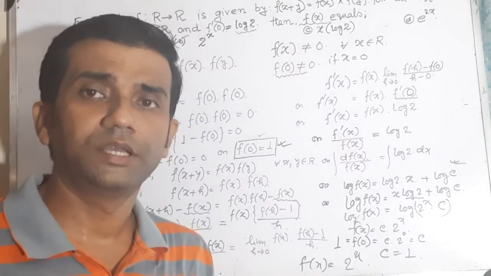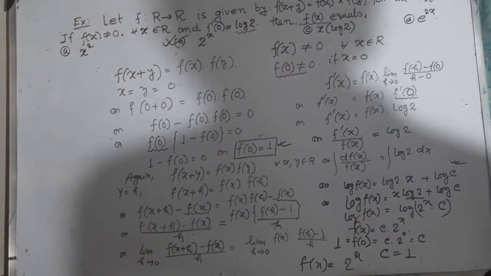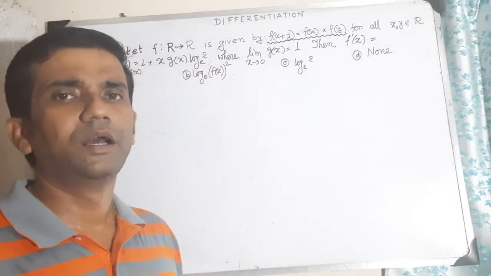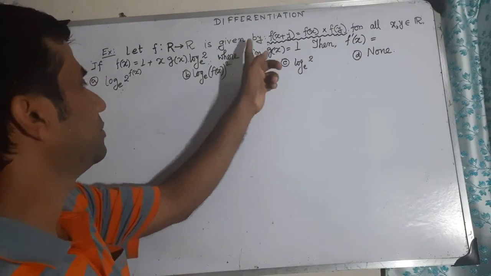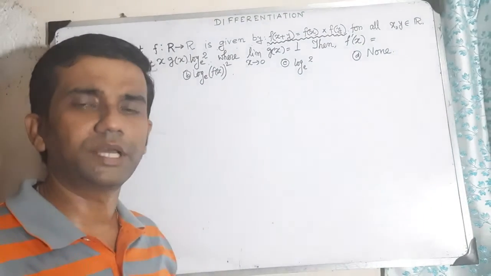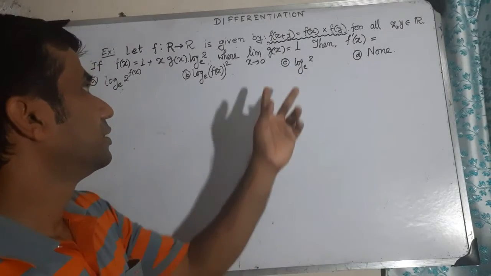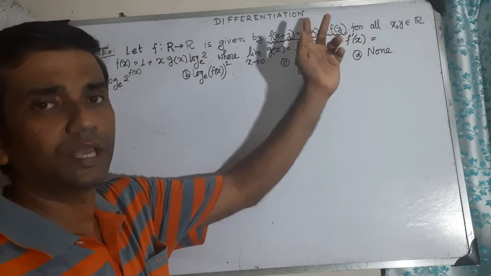Now we shall proceed to the third example. Now this is the third problem. It is given that f: R to R is given by f of x plus y is equal to f(x) into f(y). I have already told you that I am discussing here the same type of problem that begins with f of x plus y is equal to f(x) into f(y).